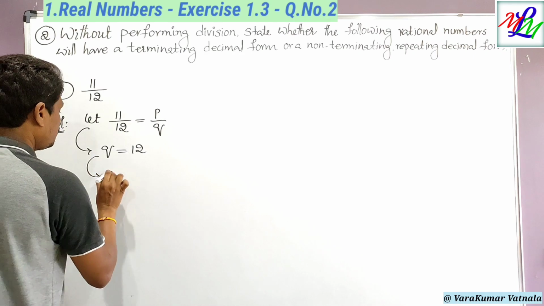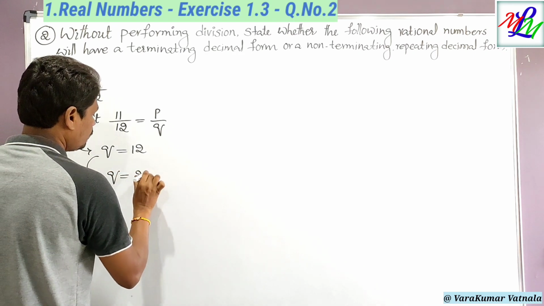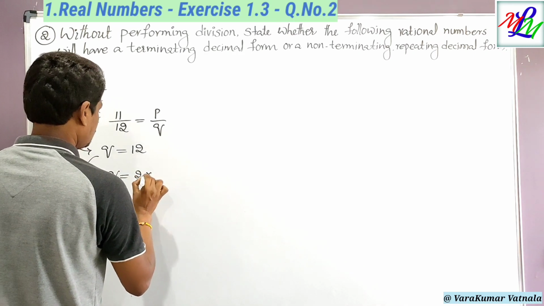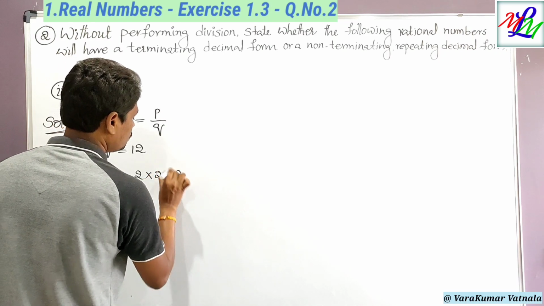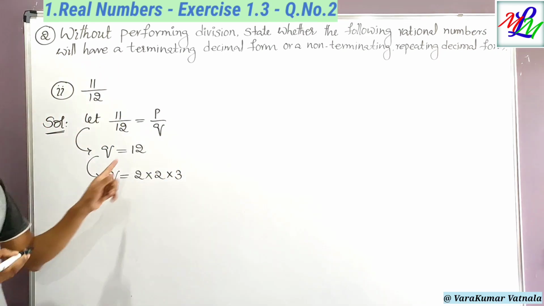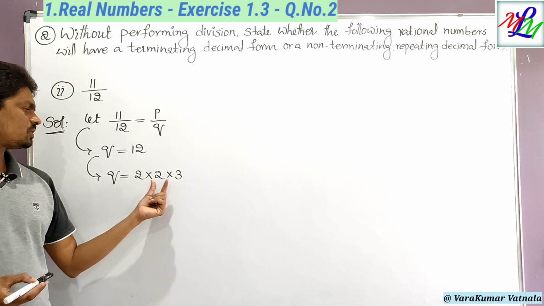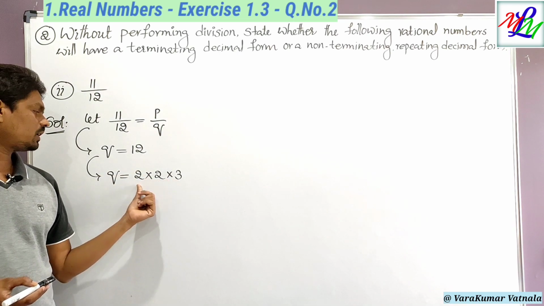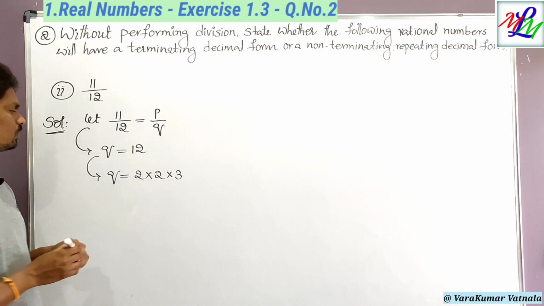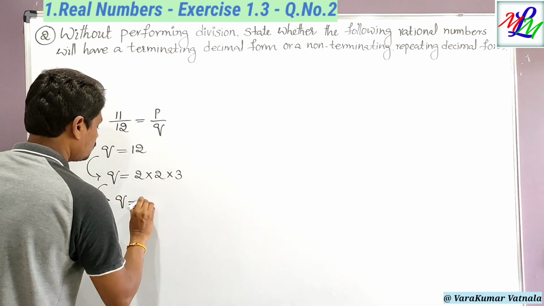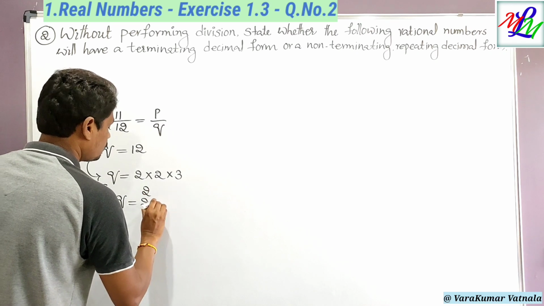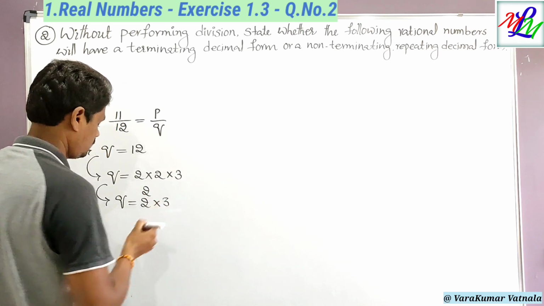So 12 can be written as 2 into 2 into 6. 6 can be written as 2 into 3. So see, student, 12 can be written as 2 into 6, 6 can be written as 2 into 3. Again 2 into 2, 4, 4 into 3, 12. So this is equal to 2 to the power 2 into 3.